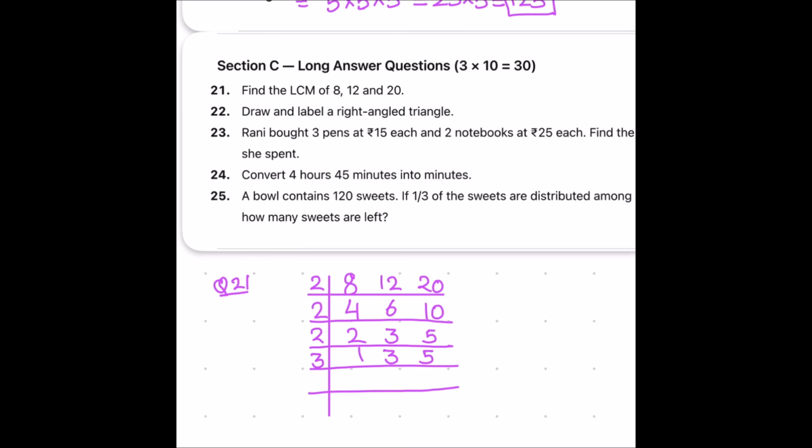Now next we'll divide by 3. 3 times 1 is 3. 5 will be as is. We'll divide by 5. So all the numbers are fully divided. The LCM of the 3 numbers will be the product of all the numbers which are on the left hand side, which is 2 times 2 times 3 times 5.